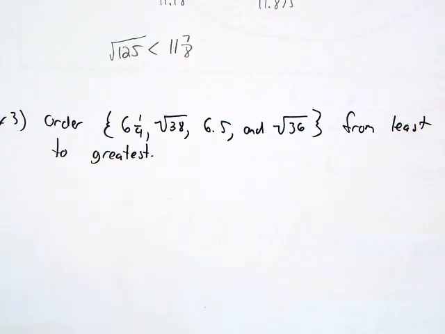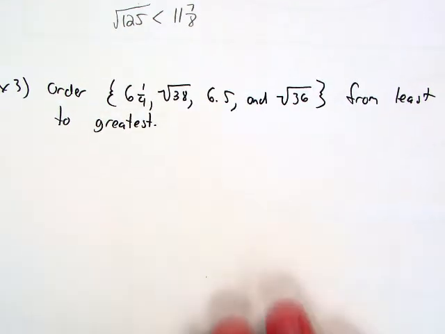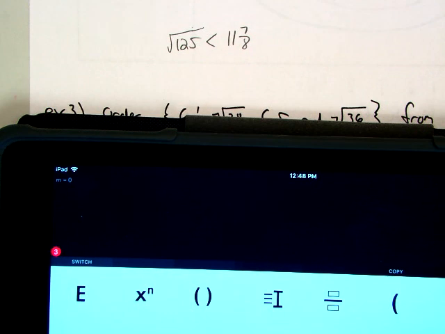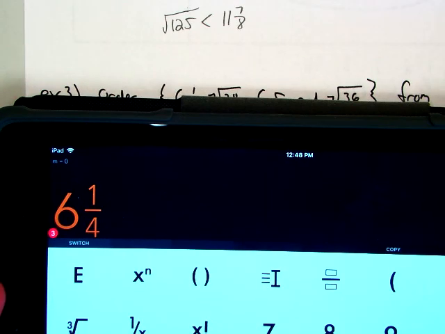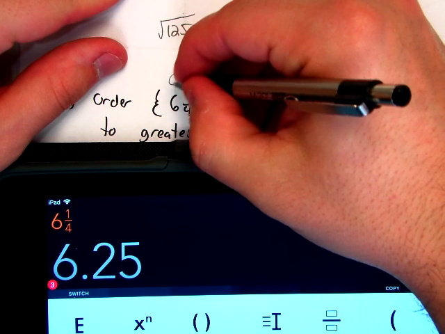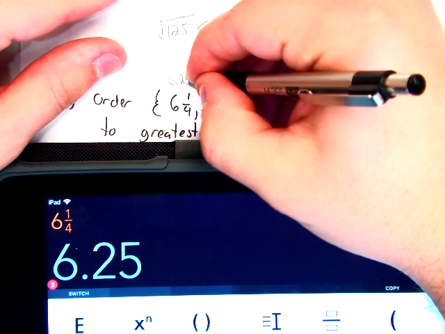Example 3. Now we're going to be ordering from least to greatest. So we're going to use the calculator again to come up with decimal values of each one of these. So 6 1/4 is 6.25. So just above the 6 1/4, I'm going to write 6.25.